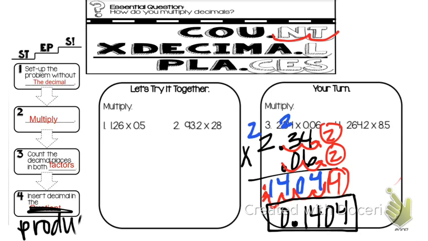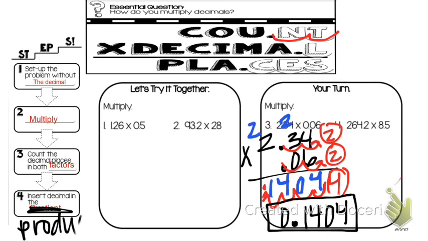Once you multiply, this 0 is going to make everything 0, so I didn't multiply that out. I just multiplied out the 6 because it's not going to change anything if you multiply out the 0. Once we multiply those together, I got 1,404, and then, like I said, I moved my decimal 4 places to get 0.1404. So if you got it right, great job.